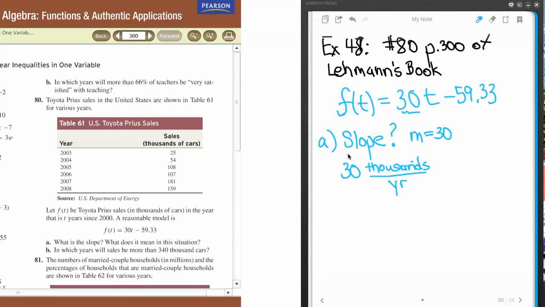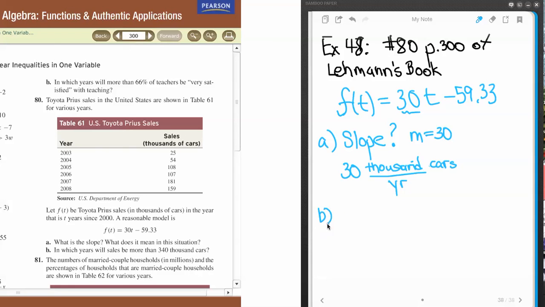So this is an increase of 30,000 cars per year. And that's what that means: every year after 2000, the number of cars sold is going to go up by 30,000.